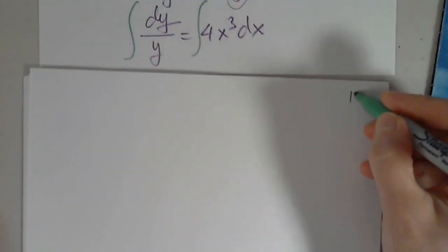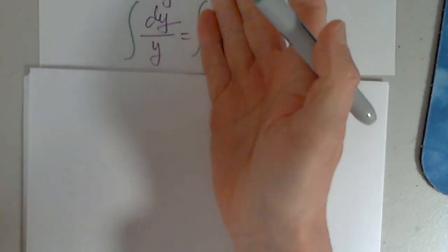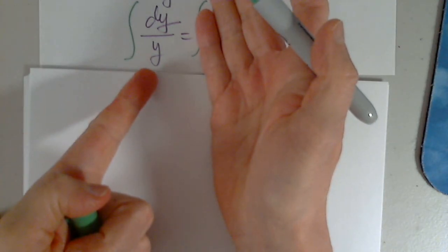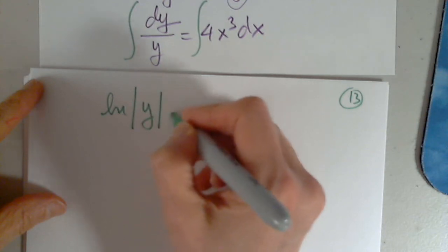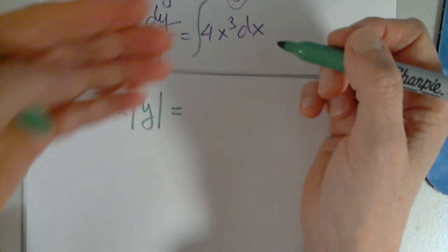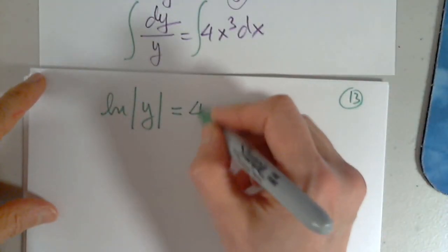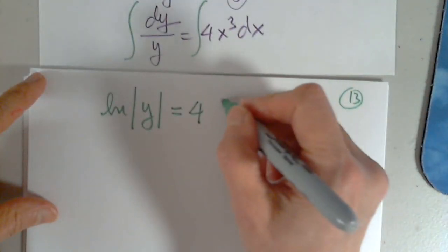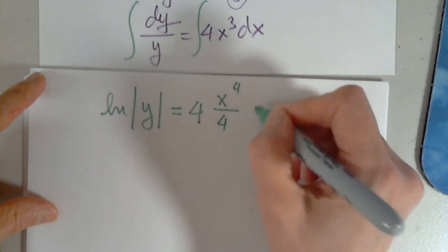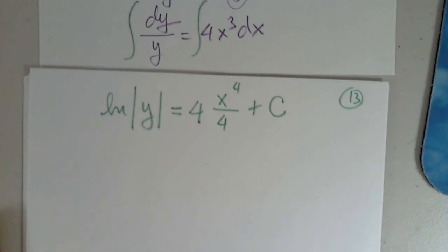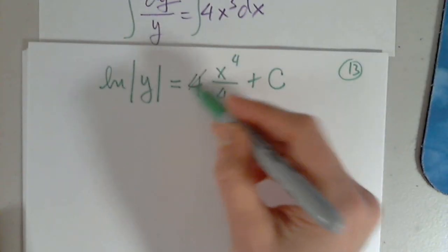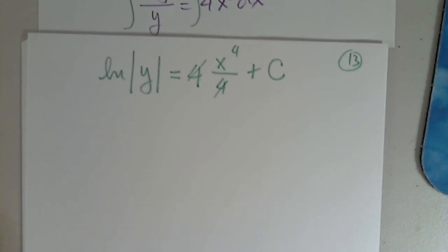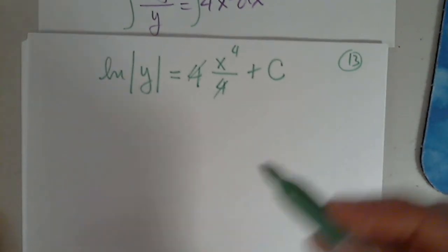Okay, so how do we proceed? What function prime is 1 over y? And we remember that that is natural log of the absolute value of y. On the other side, I take the constant outside, and x cubed becomes x to the 4th over 4 plus a constant c. Of course, I will simplify. And remember where I'm solving for y.